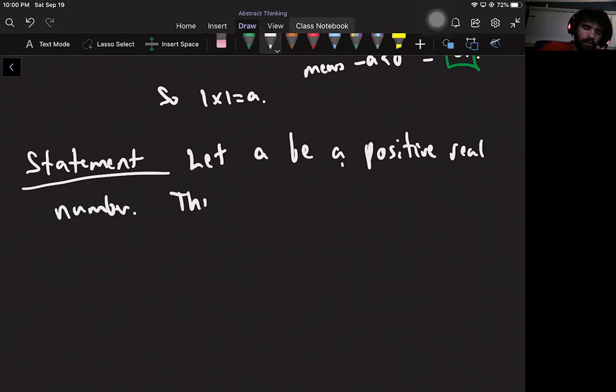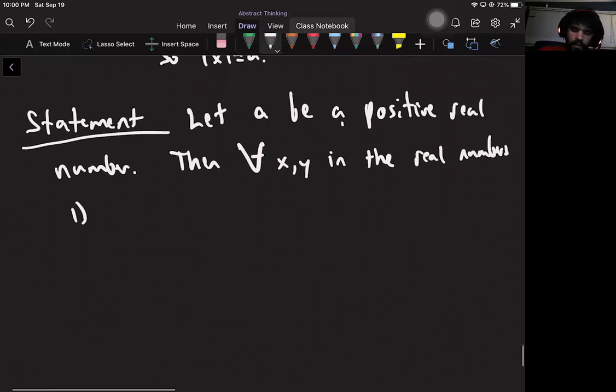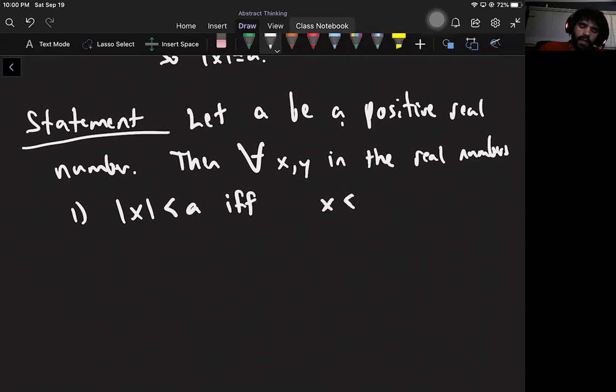Then, for any pair of real numbers, these 3 facts are true. So the absolute value of a real number being less than a is really saying that x is stuck between a and negative a.